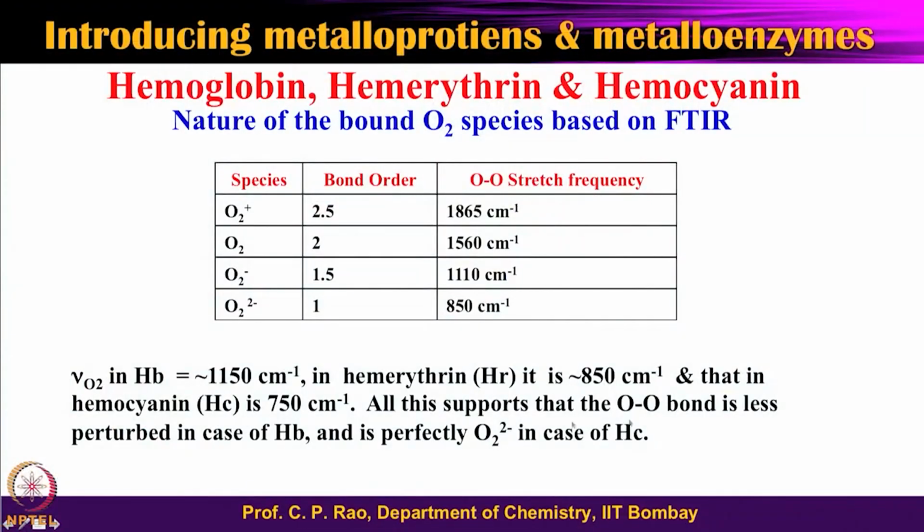That makes a much more reduced form, and that gives the 750. So, the O2 in hemoglobin is not that much perturbed, the O2 in hemerythrin is quite perturbed, almost about 1.5, and in hemocyanin it is very much like the O2 2 minus, a perfect O2 2 minus, and that is what we find.